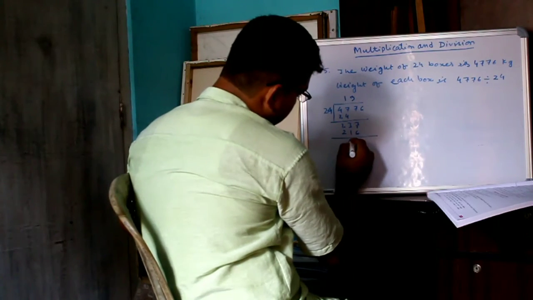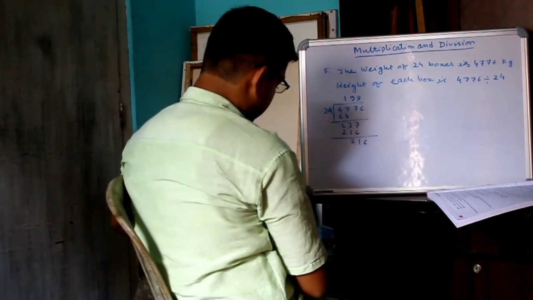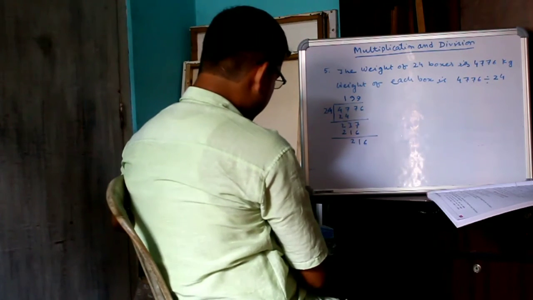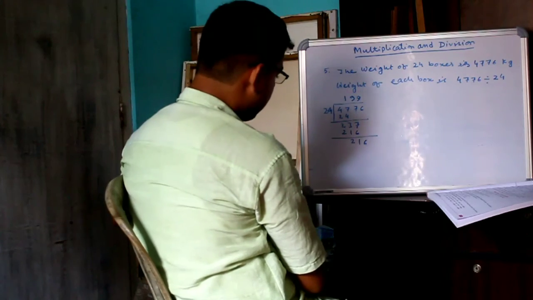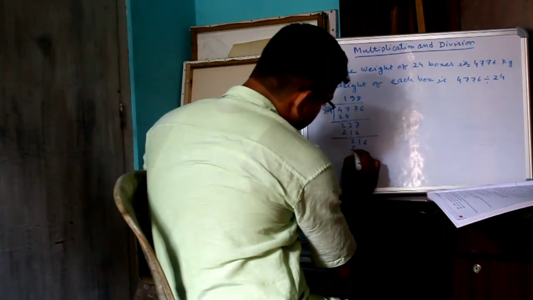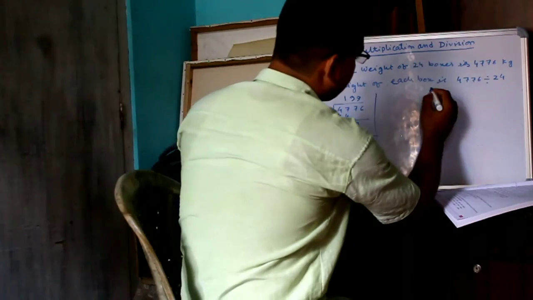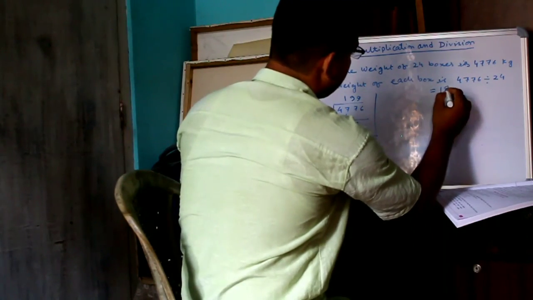So 1, 2, here 6, again 9. So 199. 24 into 199, yes. 216, 007. So answer is 199.